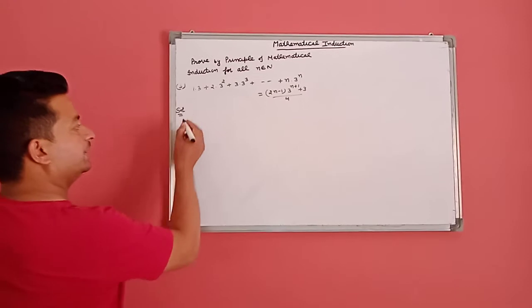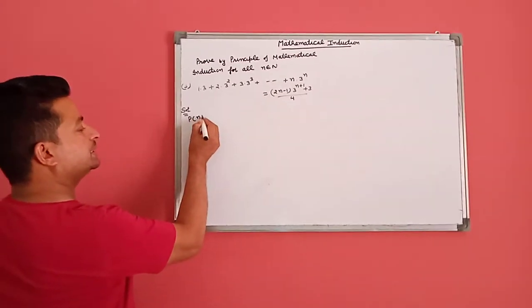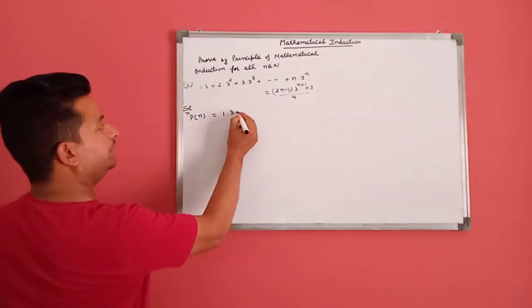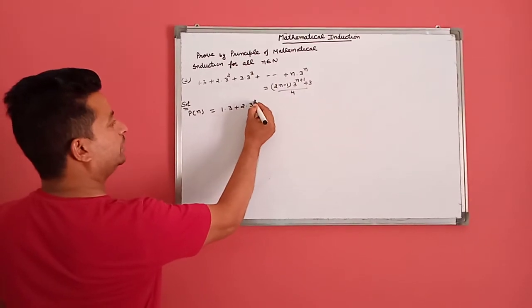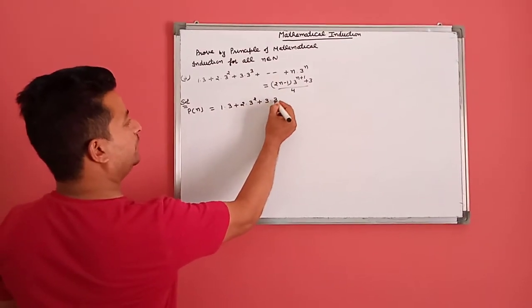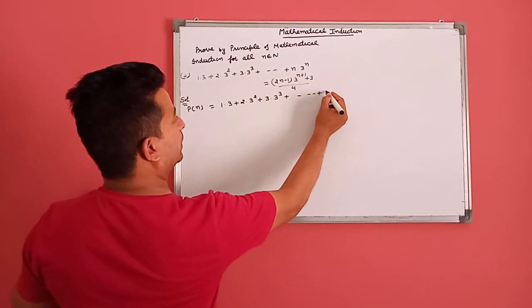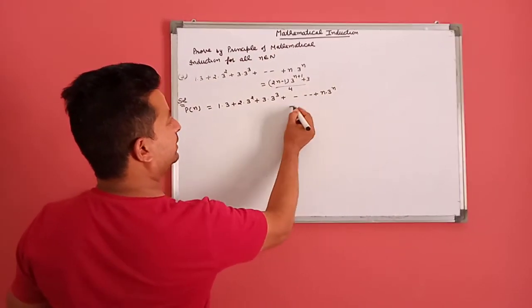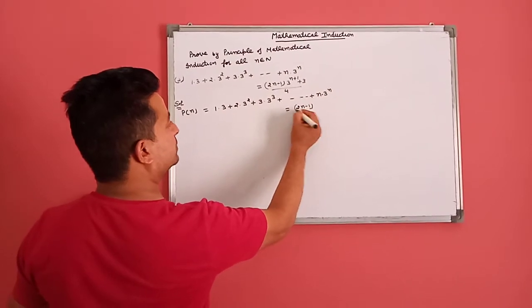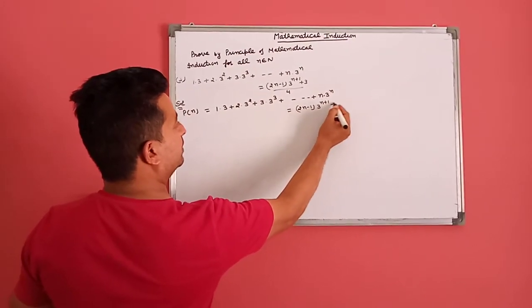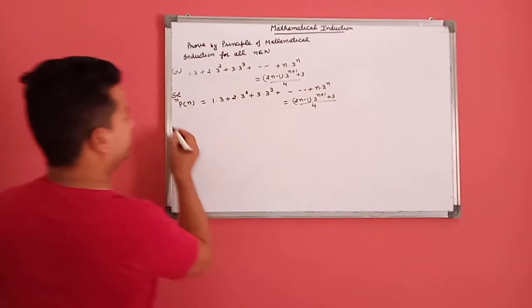This is the statement. First we take this statement as 1 into 3 plus 2 into 3 square plus 3 into 3 cube plus up to n into 3 power n is equal to 2n minus 1, 3 power n plus 1, plus 3 by 4.